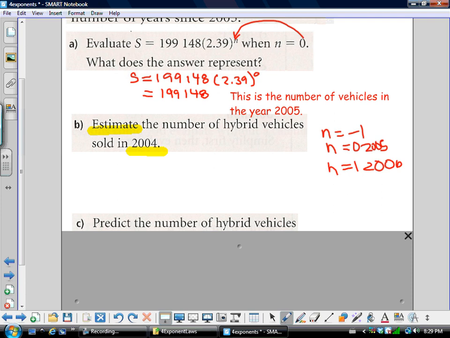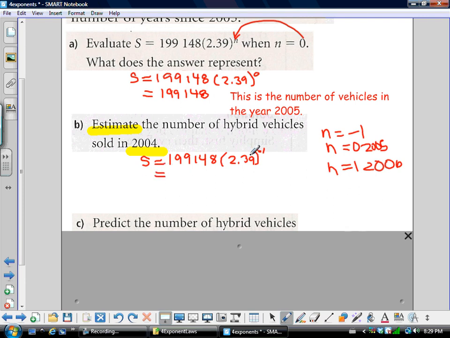So I end up with S equals 199,148 times 2.39 to the power of negative 1. Now, I know the negative will actually flip this, but I'm not going to do that because I'm going to use my calculator.